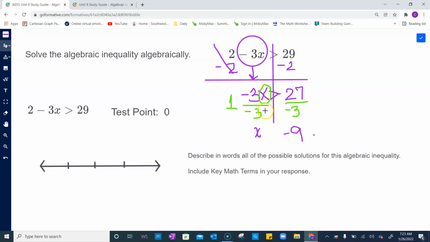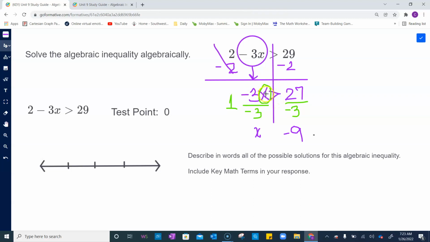Now, here's the other thing we have to watch out for when we're dealing with inequalities that we didn't have to watch out for when we were dealing with equations. We have this inequality symbol, and when we divided by a negative on both sides, we took the opposite of these numbers. They changed from a negative to a positive and a positive down to a negative. So they went opposite. When you multiply or divide by a negative, you're taking the opposite of the symbol you're given.